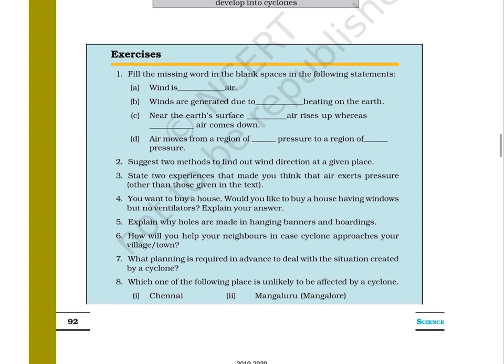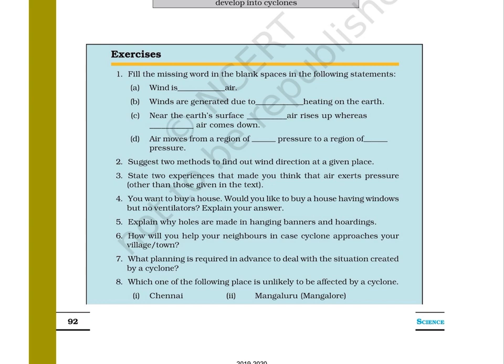Exercises. 1. Fill the missing word in the blank spaces in the following statements. A. Wind is blank air. B. Winds are generated due to blank heating on the earth.